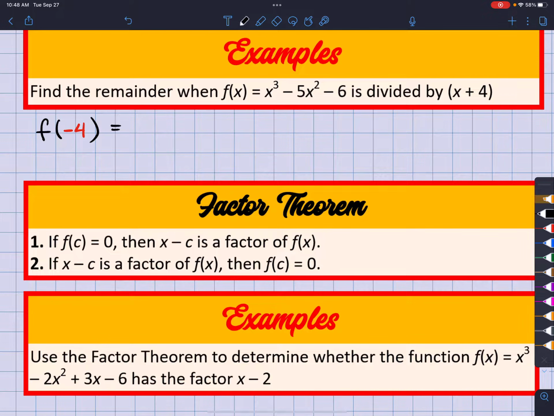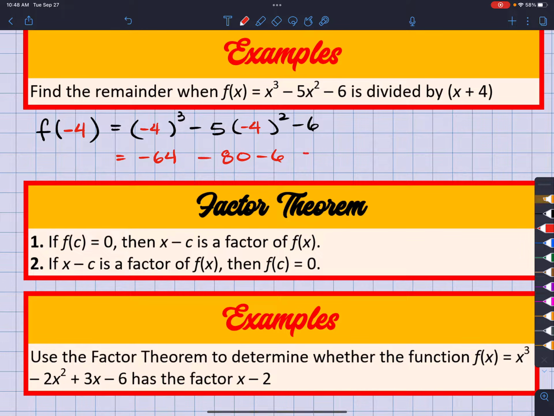So I'm going to have f of negative 4 equal to negative 4 to the third minus 5 times negative 4 squared minus 6. This is going to equal negative 64 minus 80 minus 6, because negative 4 squared is a positive 16 times negative 5 is negative 80.